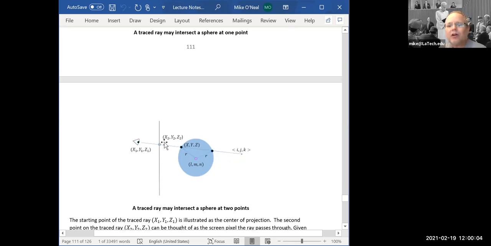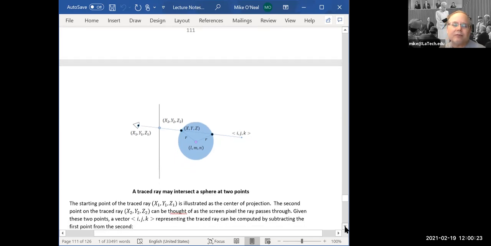Well, we take the parametric equation for a line, and we combine it with the equation of the sphere, and those two things together, if there are any solutions, x, y, z will give us the intersection point on the ray and the sphere.